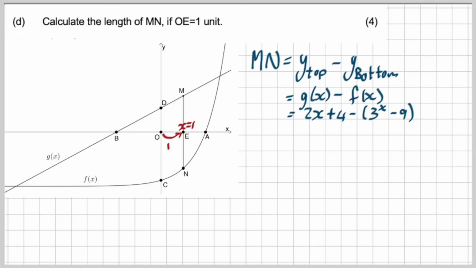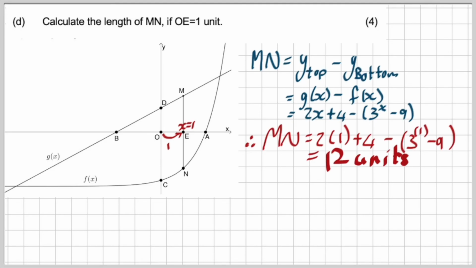That OE is 1 unit, and it's in the positive direction. So therefore, x is equal to 1. This tells me, ladies and gentlemen, that MN, substituting x with 1, gives me a value of 12 units again. Now, this is purely coincidence that CD is 12 units and MN is 12 units. It doesn't happen often, but it's awesome sometimes when it does. Okay? Just purely by accident.